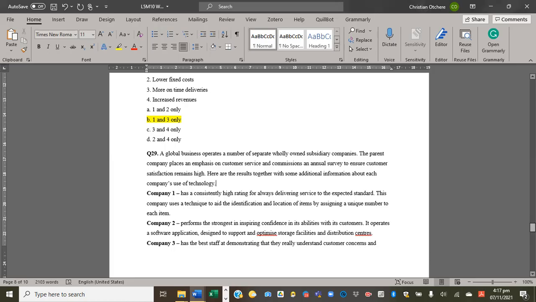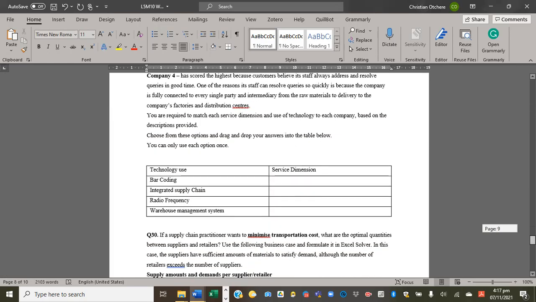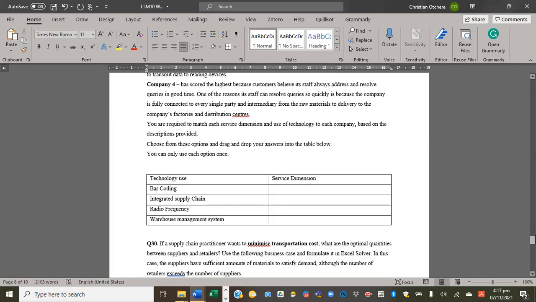So yes, we have the technologies here. I think we have barcoding, integrated supply chain, radio frequency, warehouse management, and the service dimensions.